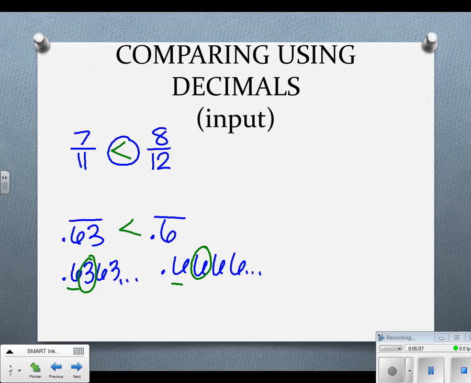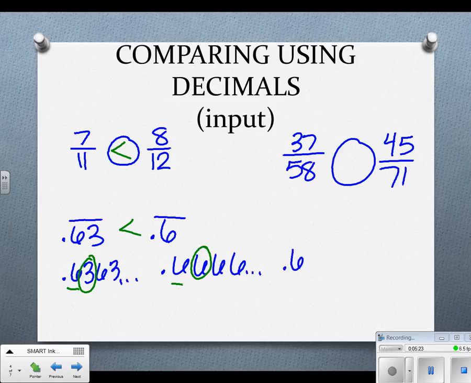If we had 37/58 and we were comparing it to a rational number 45/71, and we turn both of these into decimals, we would have 0.6379, and it goes on here for 37/58, and for 45/71 we have 0.6338.